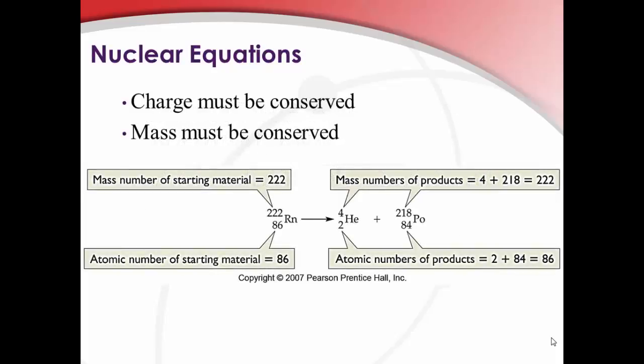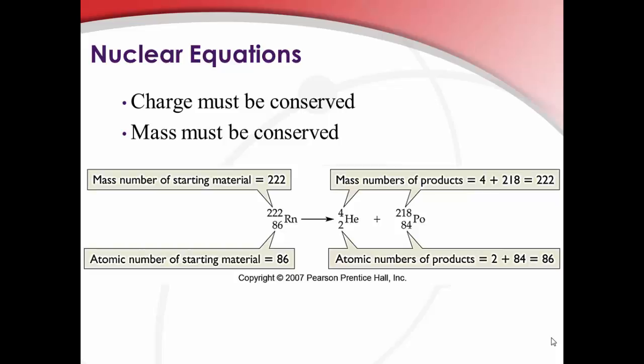Notice in the equation below, the total mass number on the left side of the equation is equal to the total mass on the right side of the equation. 222 equals 4 plus 218.